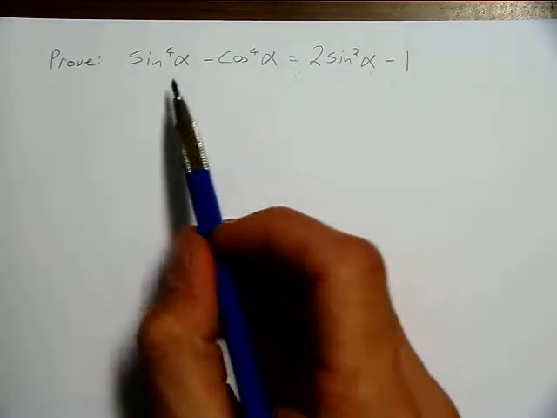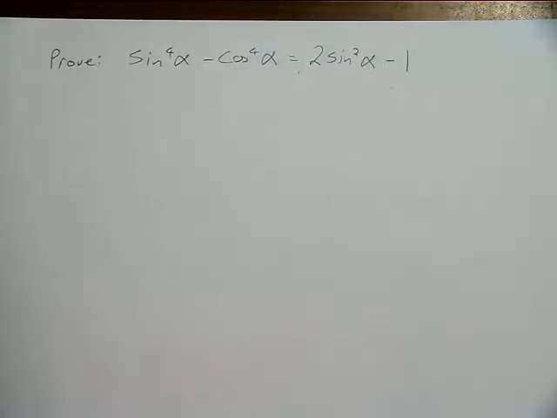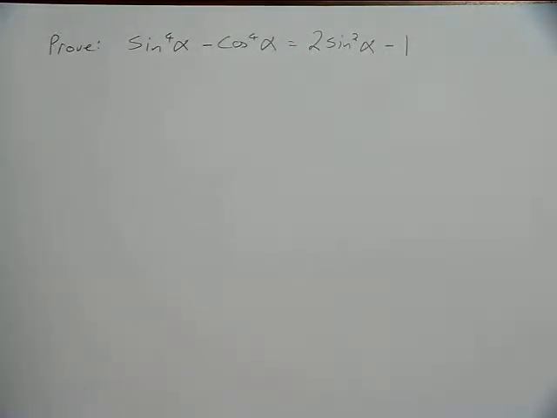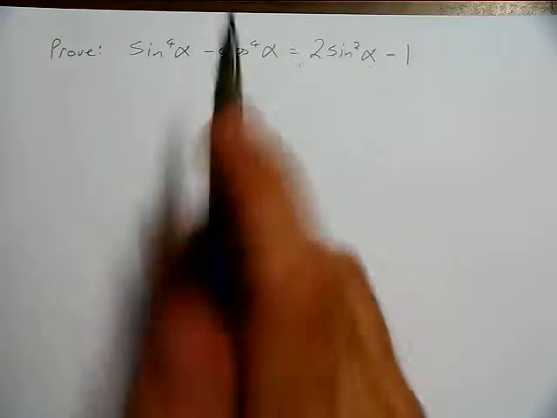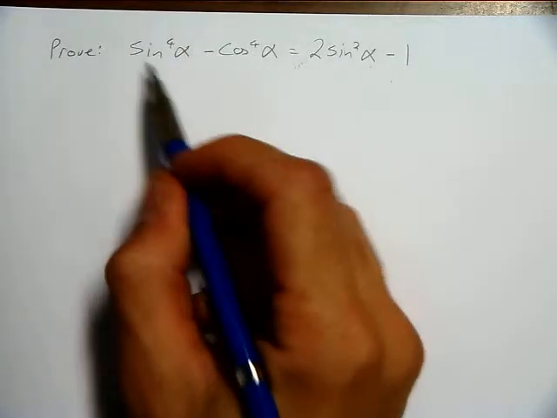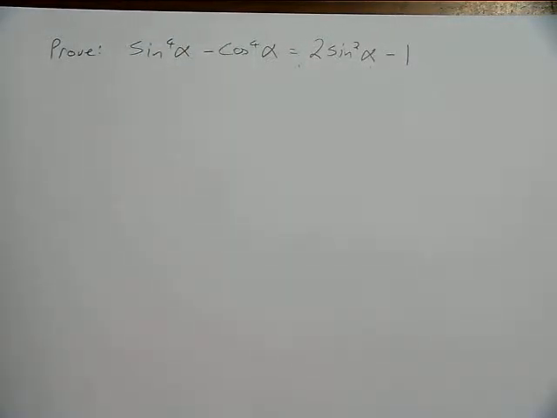Okay, so I've got sine to the 4 alpha take cos to the 4 alpha is equal to 2 sine squared alpha take 1. So what I'm going to do, I'm going to take one side, in this case the left-hand side. Usually I look for the bigger side.